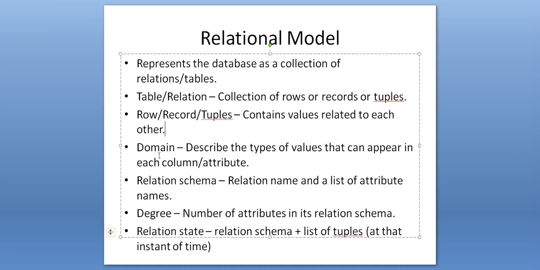And then what about domain? A domain describes the types of values that can appear in each column or attribute. Again, we will not use the term column here; we will use attribute. Each column has a heading, and that is known as the attribute. You can say the column name is an attribute. An attribute plays the same role that it plays in the ER model.